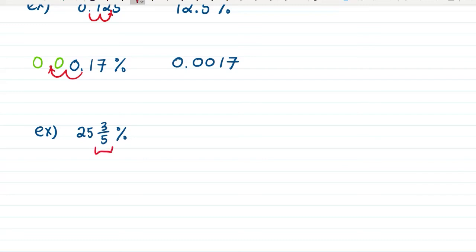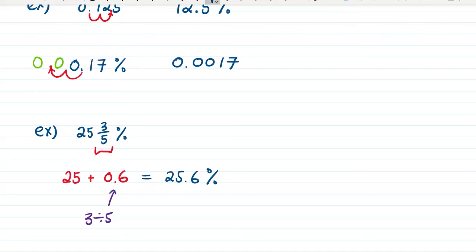Let's find the decimal value of 3/5. 3/5 in decimal value is 0.6. You can get the 0.6 by dividing 3 by 5. So it's 25.6% in decimal form.